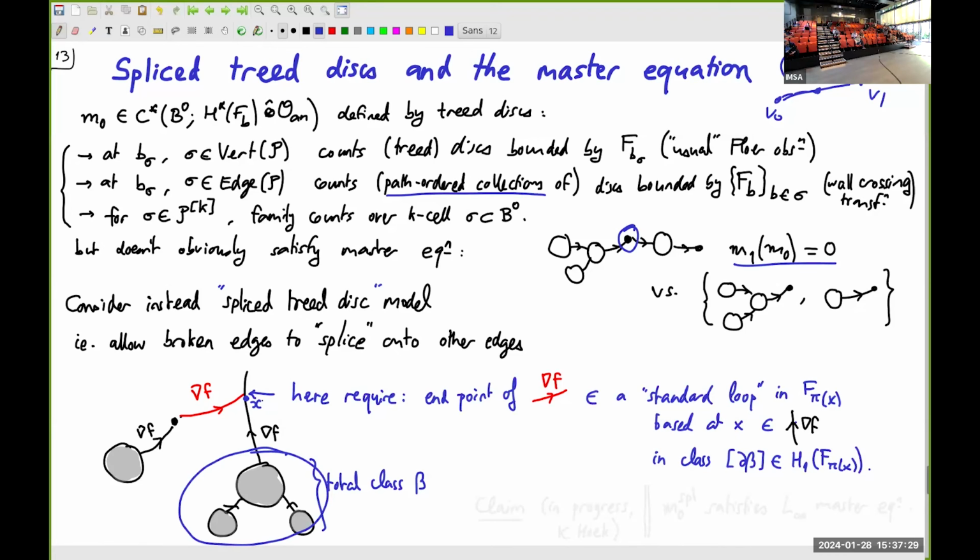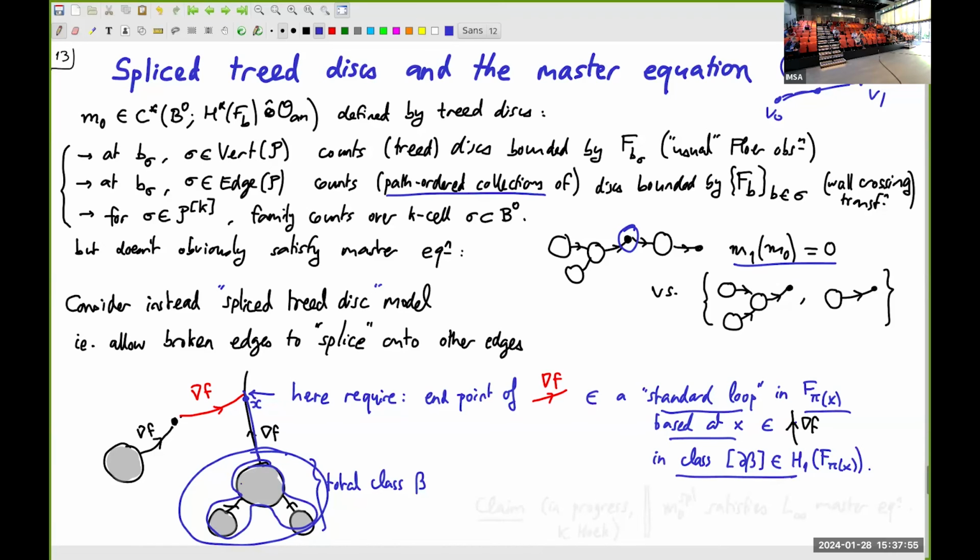So through each point, here we have a point X on that flow line, I will pick what I call a standard loop in that fiber, that Lagrangian, based at X, that's more convenient, and representing the same homology class as the total boundary of all these disks.